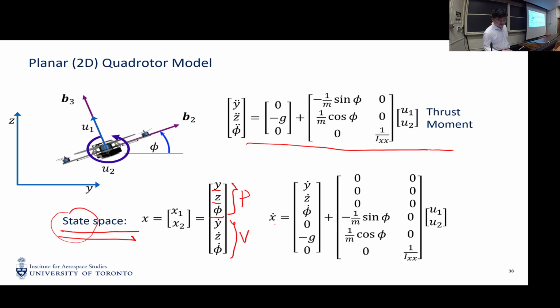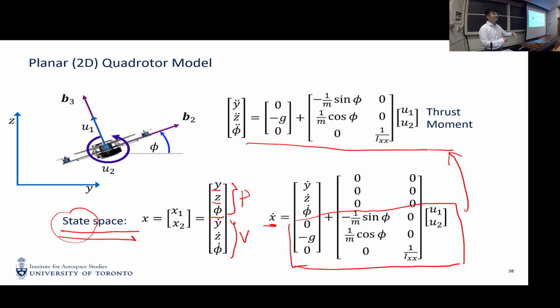So then the x dot equals this, and as you can see, the latter half of the state space equation is exactly the same as the equation we got from Newton's second law. So basically, we write this in a complete format. Okay, any questions? Good.